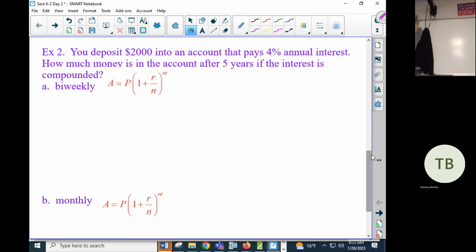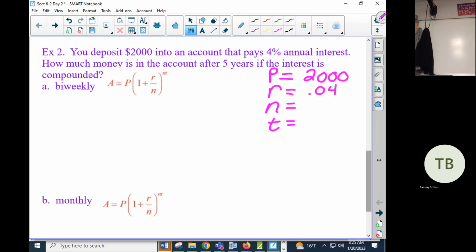So if I look at this one, it says, again, you want to know what is my P, R, N, and T. Okay, P is how much money I put in, which is $2,000. And this one, it has 4% annual interest, and if you move the decimal over, it's 0.04.